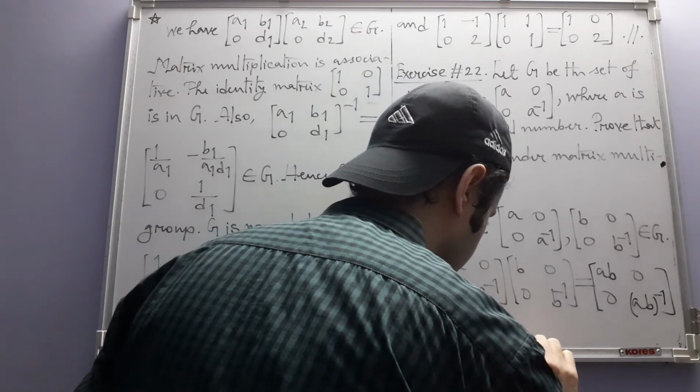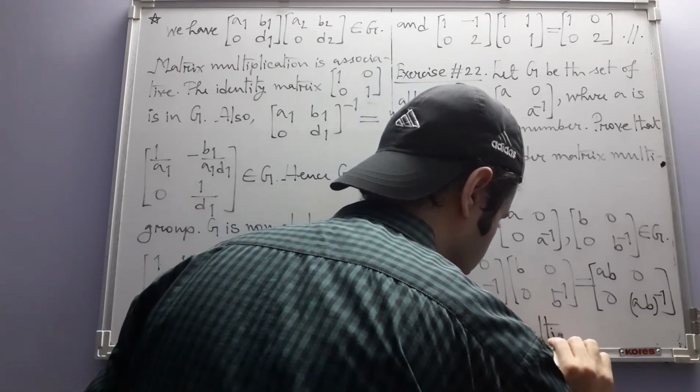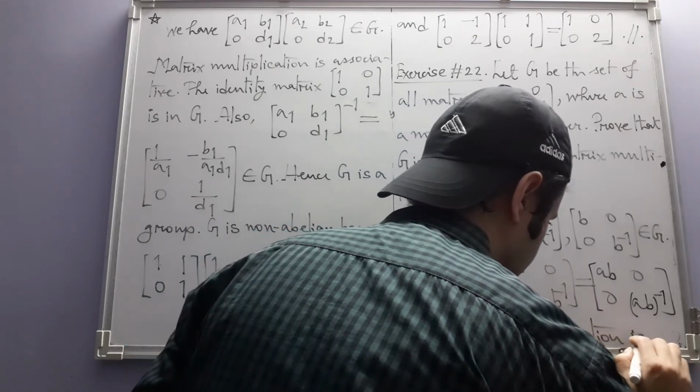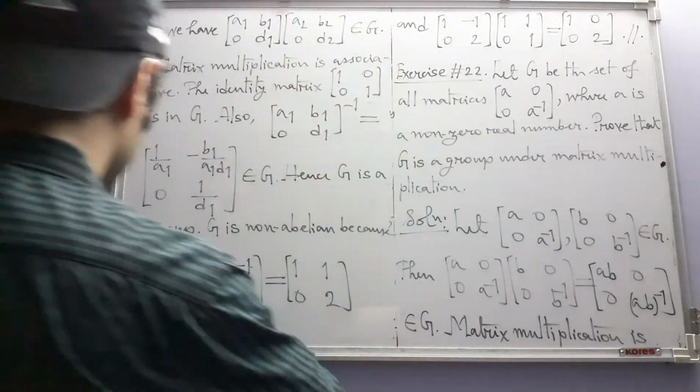Then, matrix multiplication is associative.